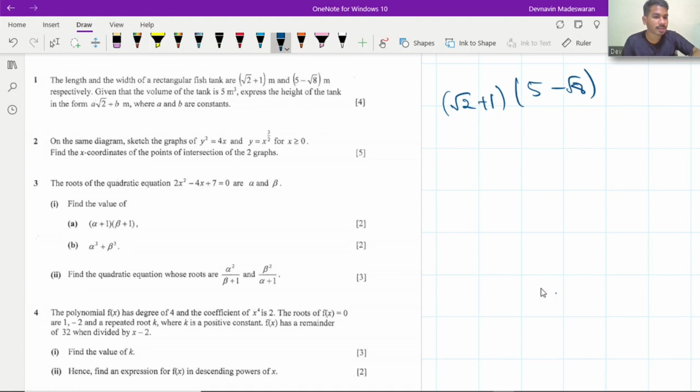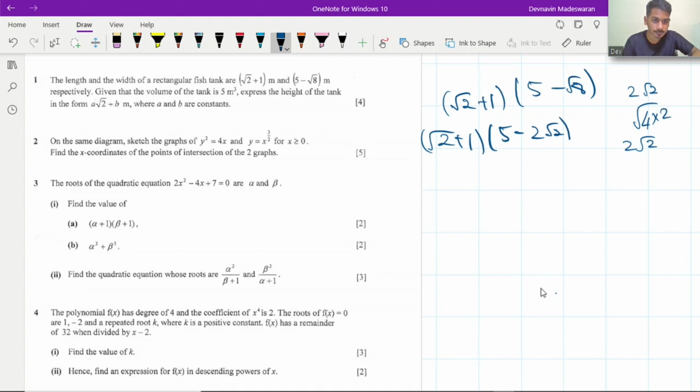You see, square root 8 can be changed into something of square root 2. It's actually 2 square root 2, because square root 8 is square root of 4 times 2.